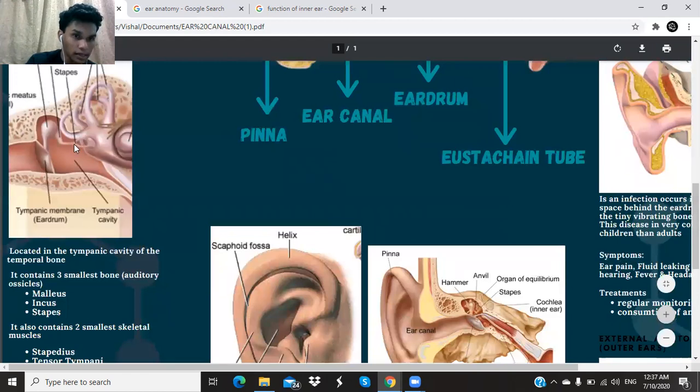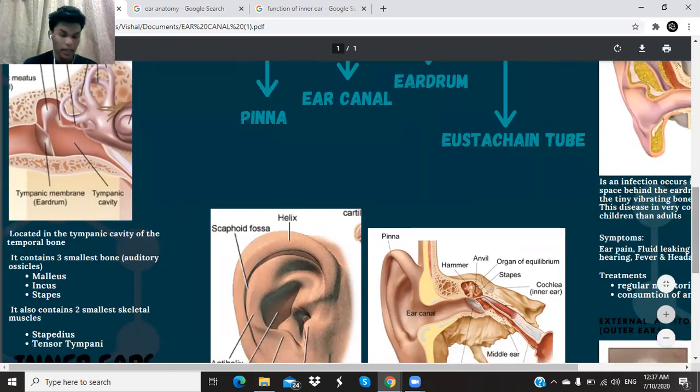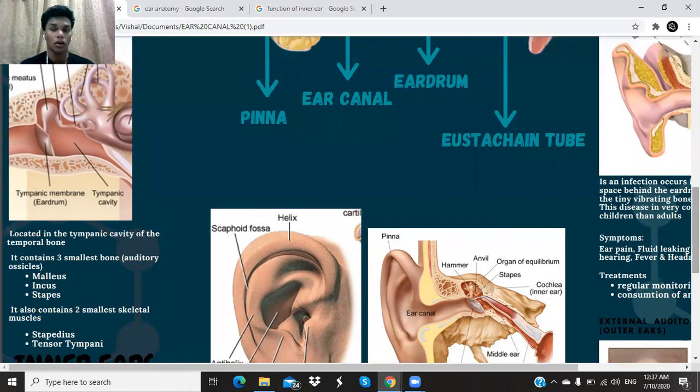This Y-like structure is the stapes. The main function of these three bones is that they start to vibrate, or have motion, while receiving the sound from the external ear. It also contains two of the smallest skeletal muscles, the stapedius and tensor tympani.